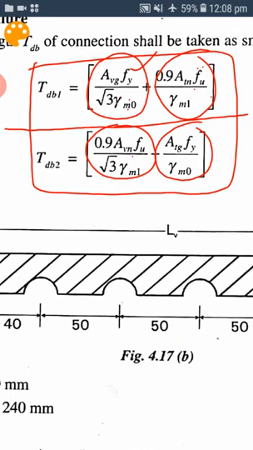These are the two modes of failure. So the combined effect of shearing and tearing is what we call block shear. This is the way to calculate these two failure strengths, TDB1 and TDB2. Out of these two, whichever is the least is to be taken as the TDB value.